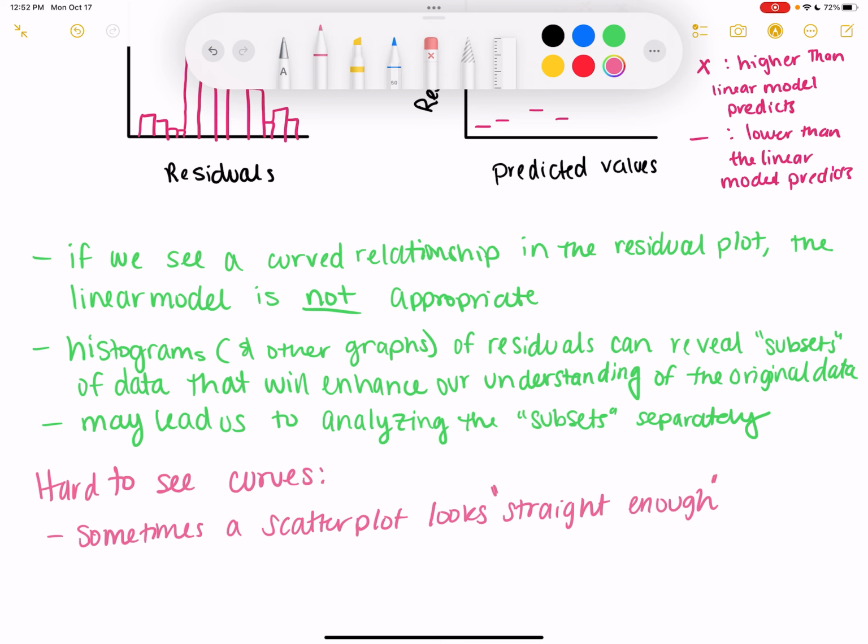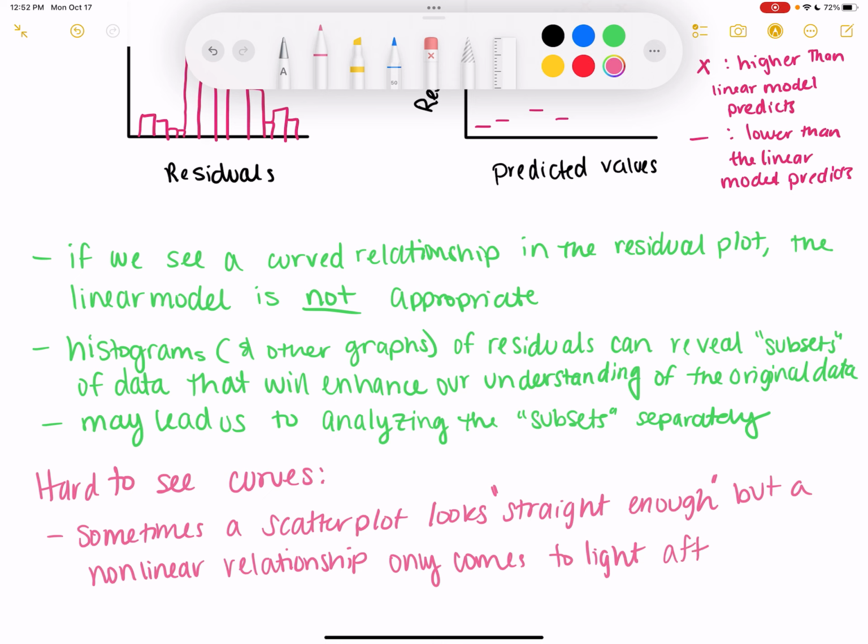But a nonlinear relationship only comes to light after you look at the residual plot.